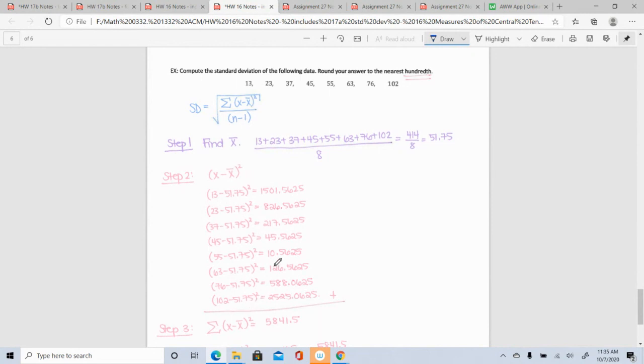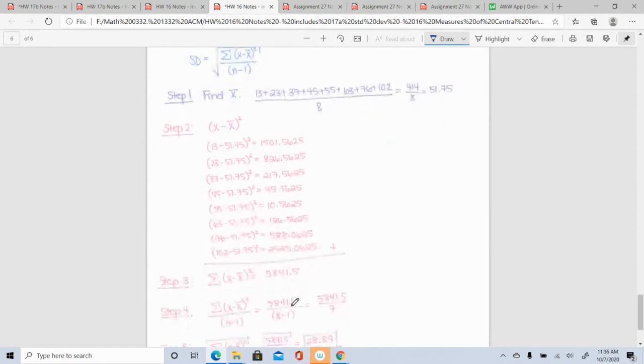Keep your decimal places, add them up, and that is the sum of the x minus x bar in your formula. Then you put that over whatever n is minus 1.